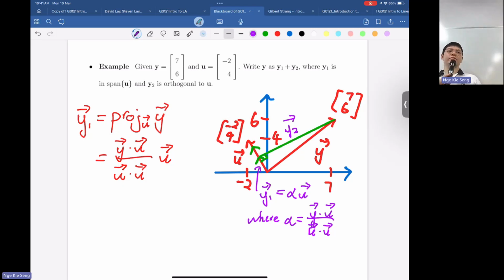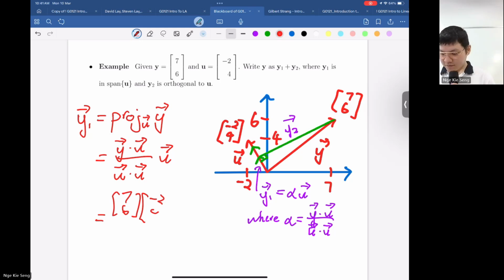Can you memorize this scalar now? If you're going to project onto u, you just take your vector and dot with u. There are only two things you need to take. And then remember to divide by the length of u squared. So what's this quantity here? Has anyone computed it? What number do you get?